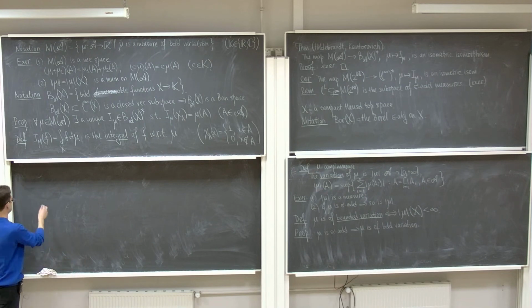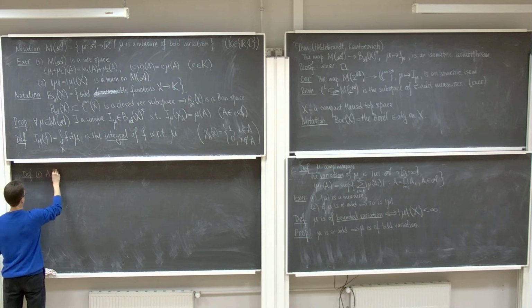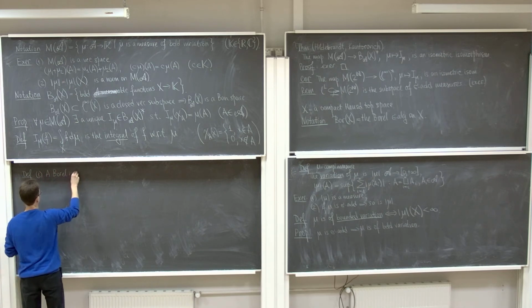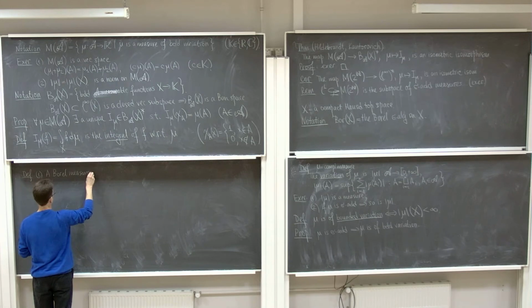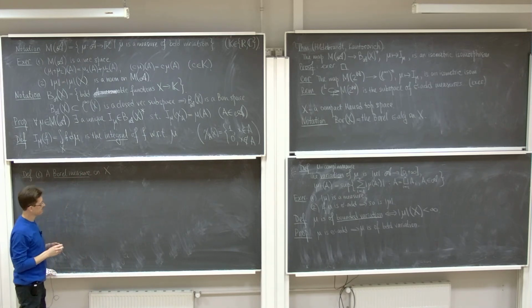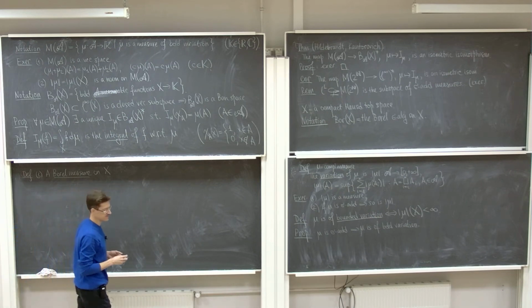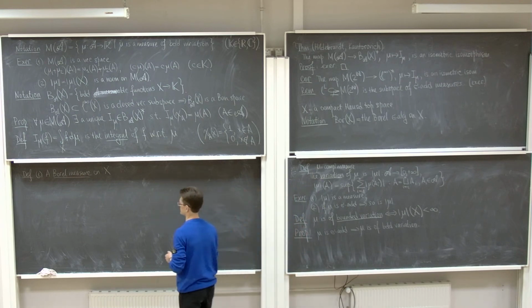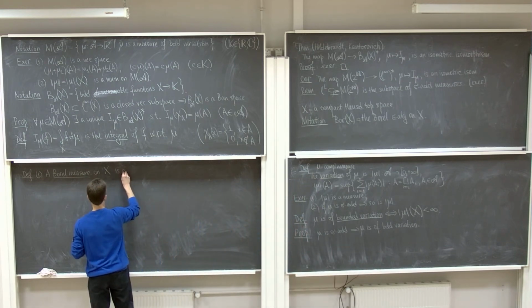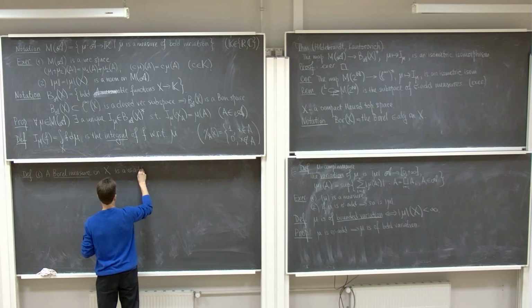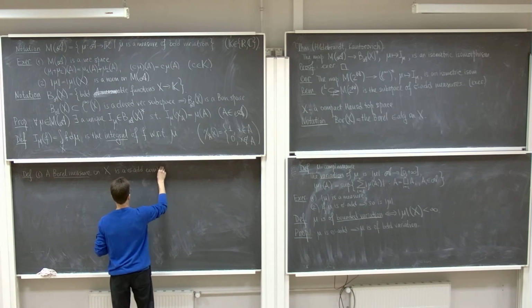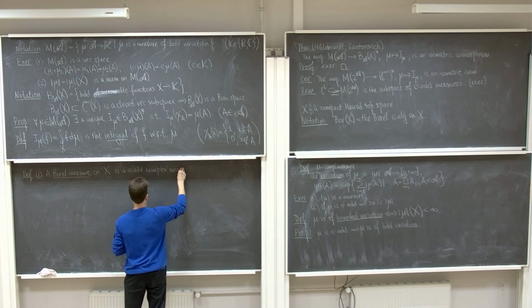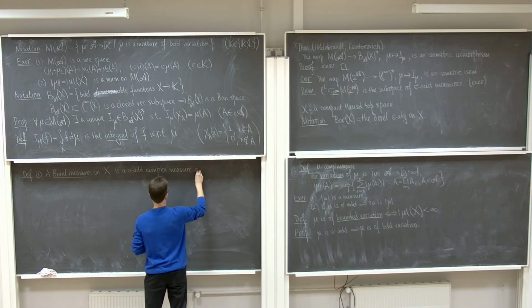And we give the following definition. By a Borel measure on X, we mean a sigma additive complex measure on the Borel sigma algebra.